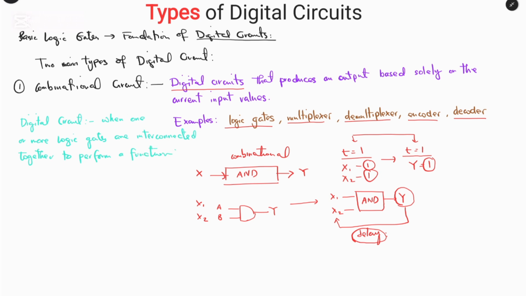So when we have a digital circuit, we can have one or more of the logic gates that we discussed earlier, interconnected together to perform a function.